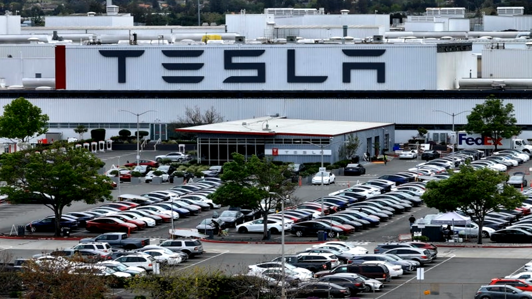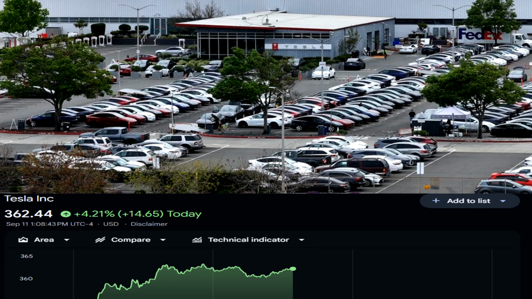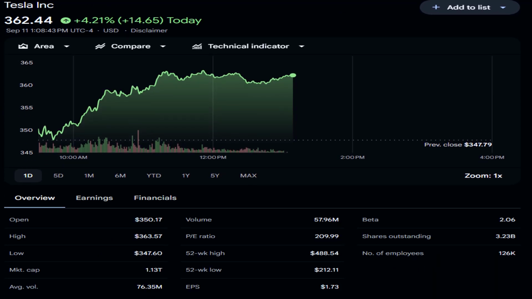Here's another stock, Tesla. I mean, this is a lot more high flying, as you all know. And here are some stats on Tesla. It has a PE ratio of 209, which is considerably higher, right? EPS, earnings per share, 173.